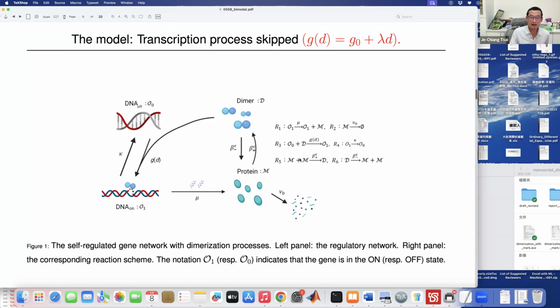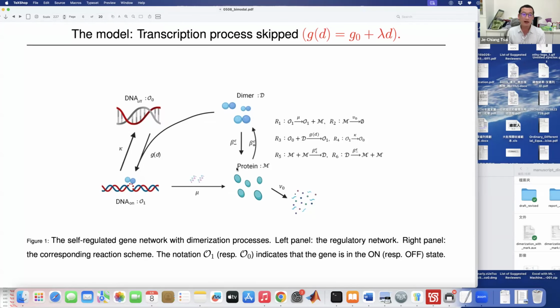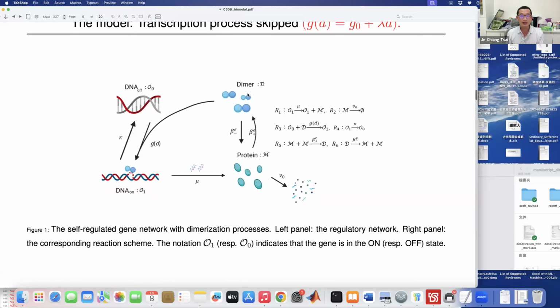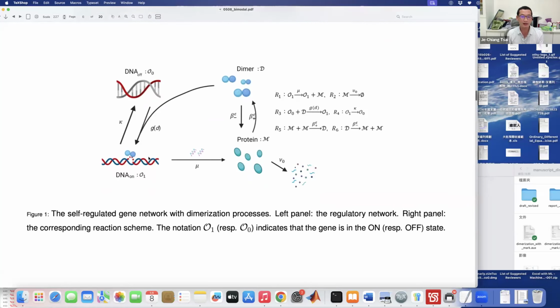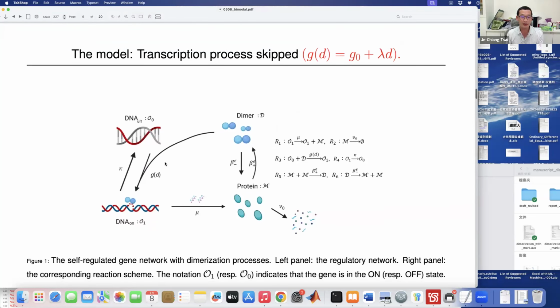So it's linear, but this part, the dimerization, is a bimolecular process. So it's a nonlinear reaction rate. And I assume that the dimer interacts with the DNA, and through this interaction, the interaction rate takes this linear form.